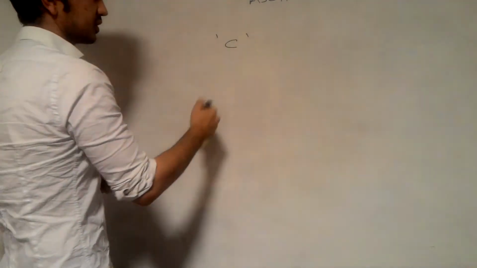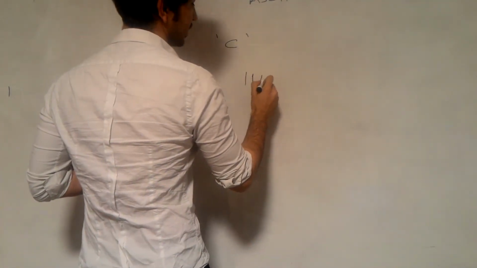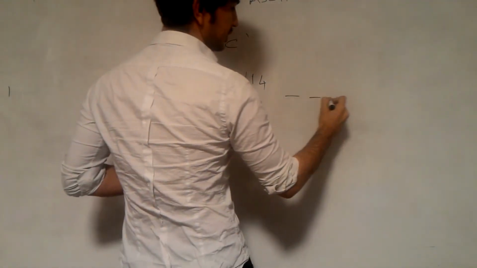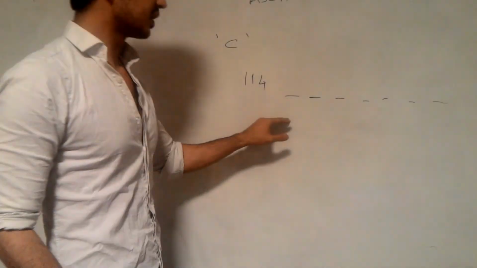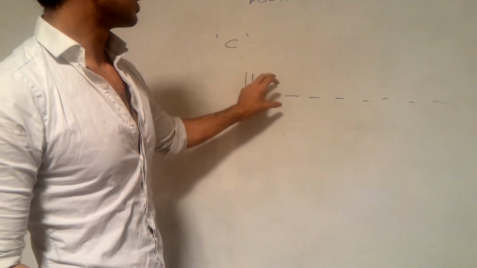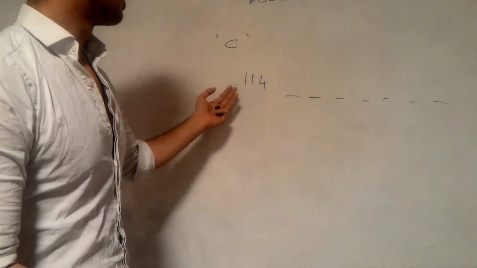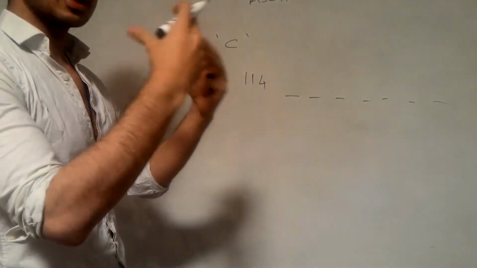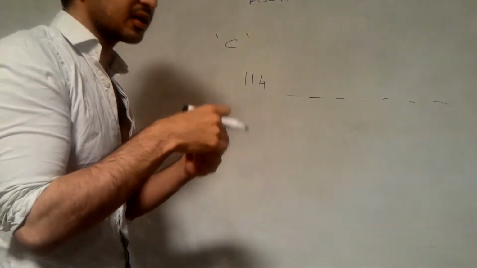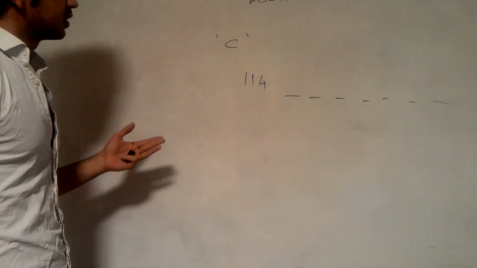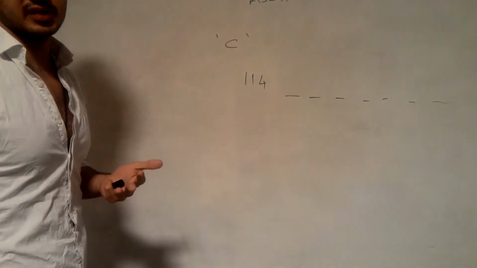And maybe for this it was 114. I don't know what this number is for C, but that's 8 bits, and we write this number in the binary system, and the computer works with this binary system, connecting and disconnecting things in the CPU, then it writes C for us, for instance.